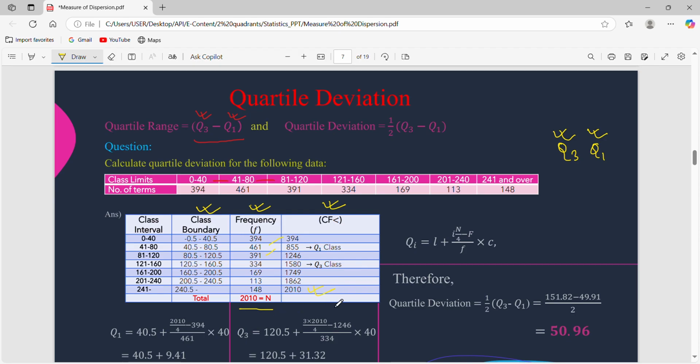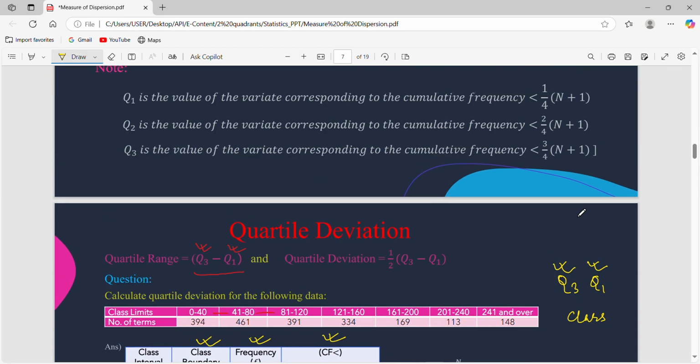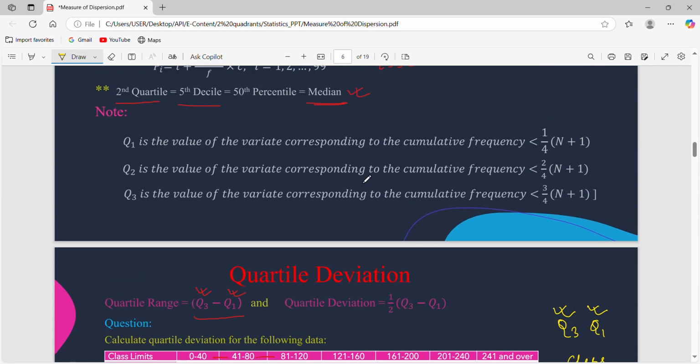Now we have to concentrate on Q1 and Q3. Before finding Q1 and Q3, first we have to find the Q1 and Q3 classes. For finding the class, we go back to the previous slide. For the Q1 class we need 1 by 4 into n plus 1, and for the Q3 class we need 3 by 4 into n plus 1.